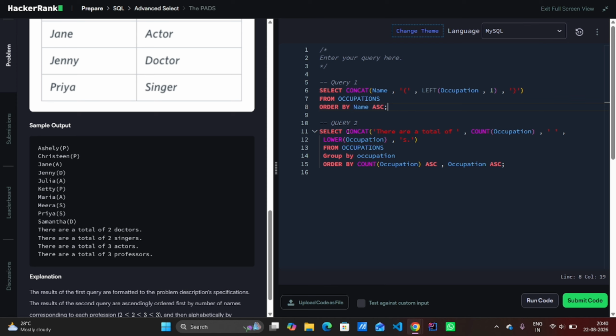Then in the second query, we select and concatenate: there are a total of two doctors, and we use count to calculate how many doctors there are, then the space, their occupation, and then s, from the occupations table. We use group by because we need to count how many doctors there are, and simply order them by how many there are, and if they are the same, then according to their alphabetical order.